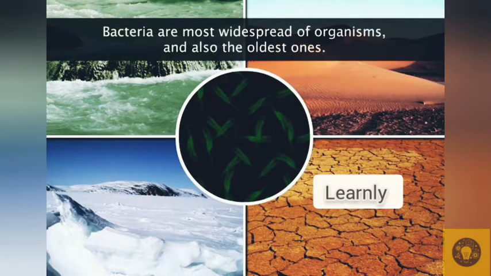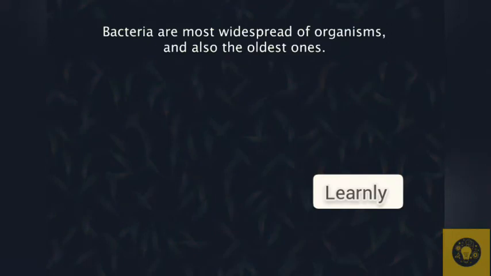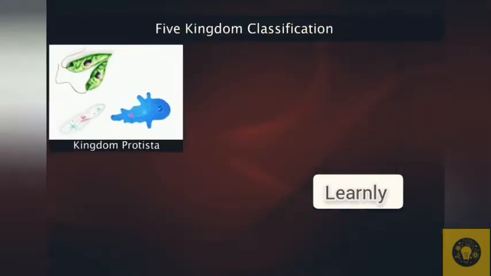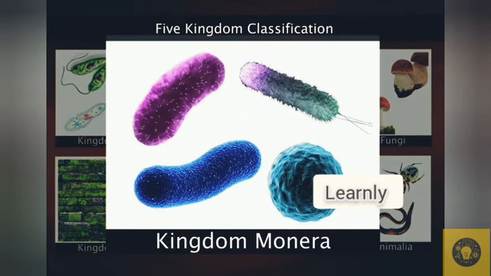Not only are they the most widespread of organisms, they are also believed to be the oldest ones. Scientists have classified living beings into 5 kingdoms, out of which one kingdom contains only bacteria, the kingdom Monera.